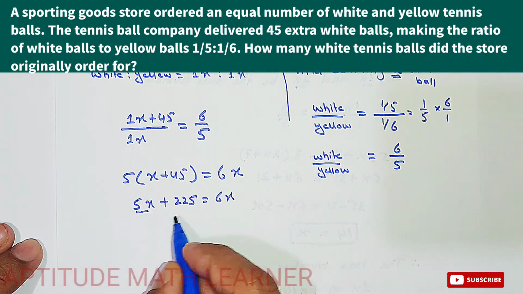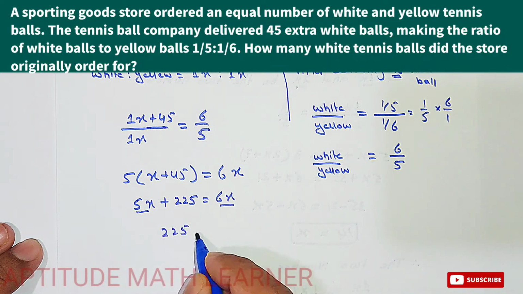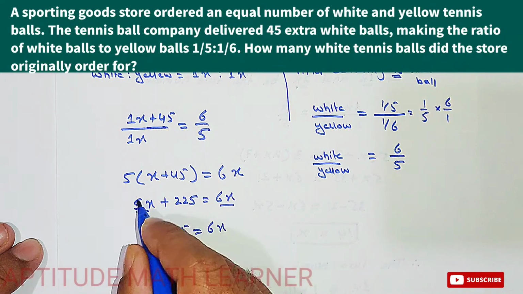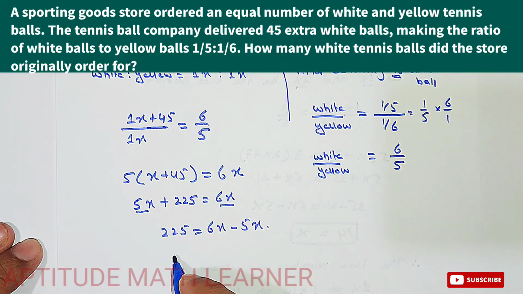Moving 5x to this side, minus 5x, we get 225 equal to x.